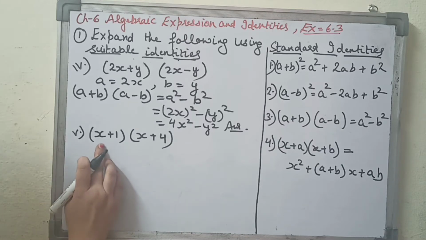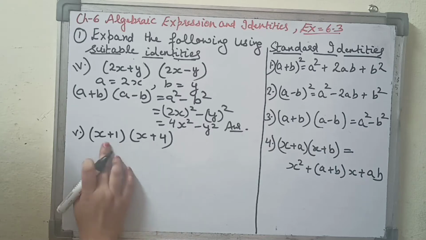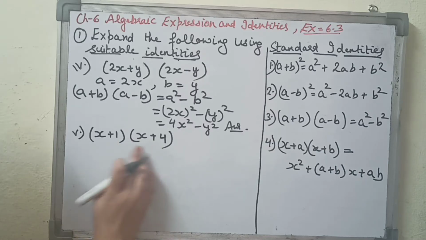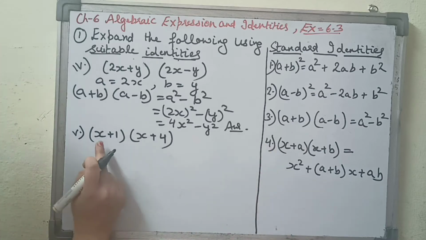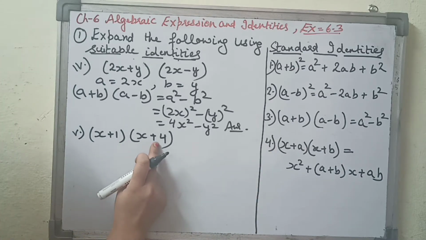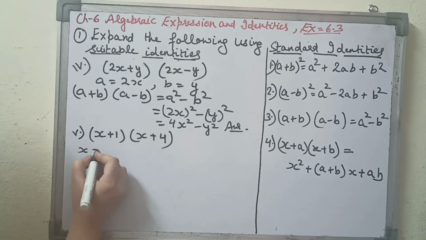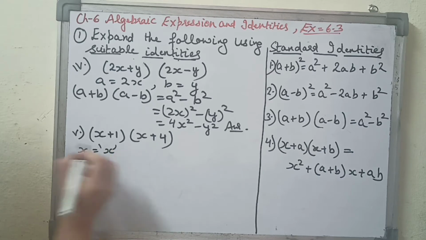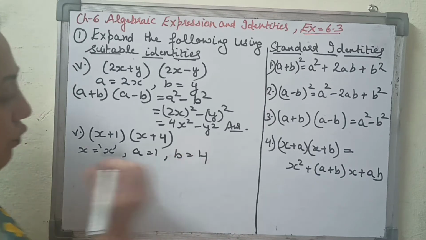Now the statement of the fifth part is (x plus 1)(x plus 4). These two are different terms. There we have to use identity number 4, that is (x plus a)(x plus b). These are not the same terms. So let us take here, first of all take x. X is x here. A it is 1 and b it is 4.